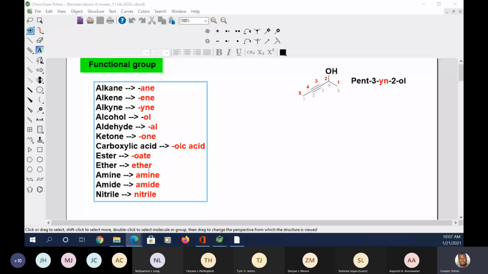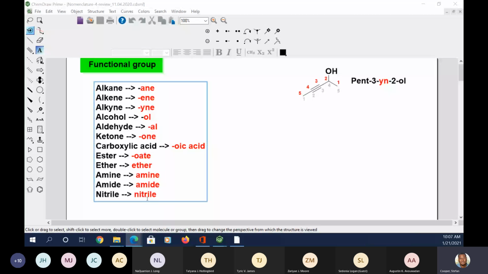All right, amines have the word amine at the end. So if I'm dealing with 1-propylamine, that's the name of that molecule. All right, typically amides also end with the word amide. So you're going to have N,N-2,4-dimethylpropylamide. That's typically how we name those. And nitriles also end with the word nitrile.